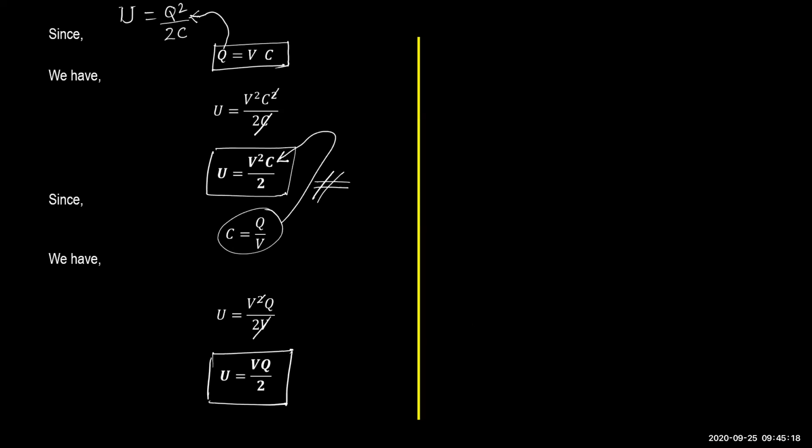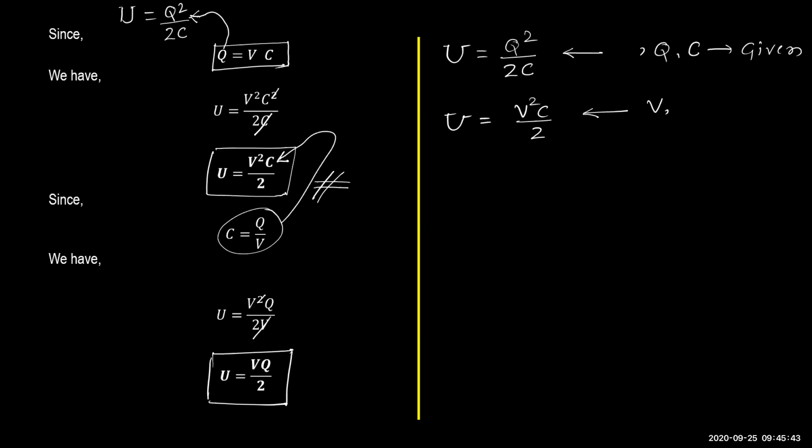See, like this, we use the equation of potential energy according to the situation. If Q and C are given, then we have to use the formula Q square by 2C to calculate the potential energy. If they have given V and C, then we have to use the other formula, that is V square C by 2.